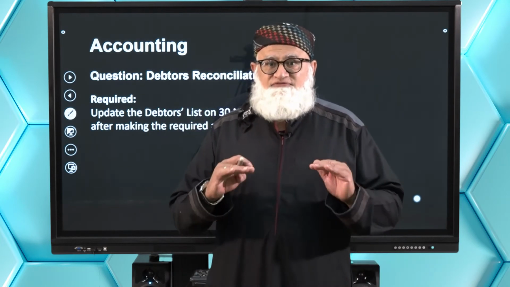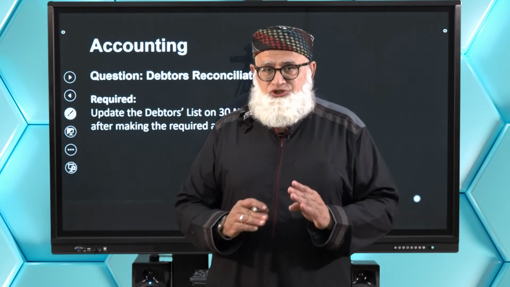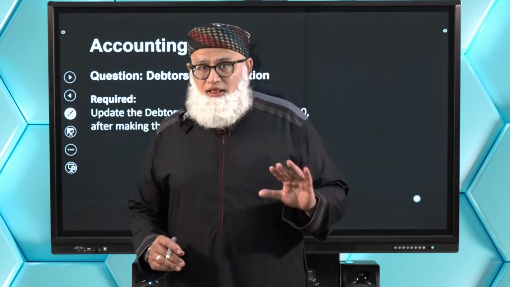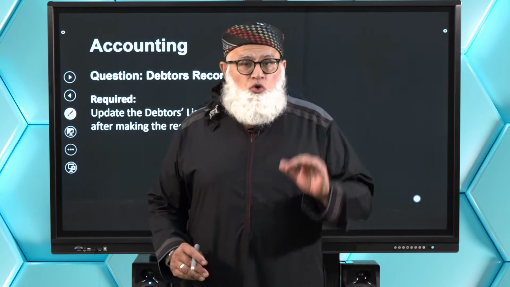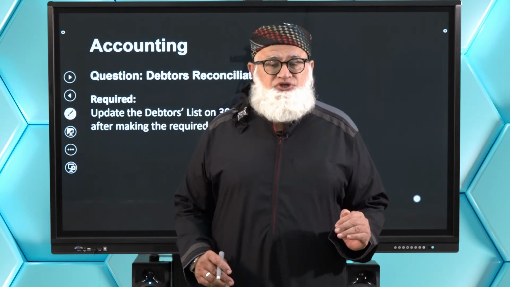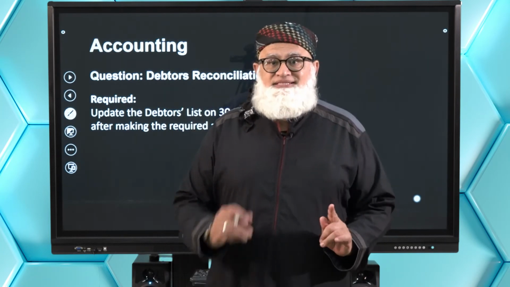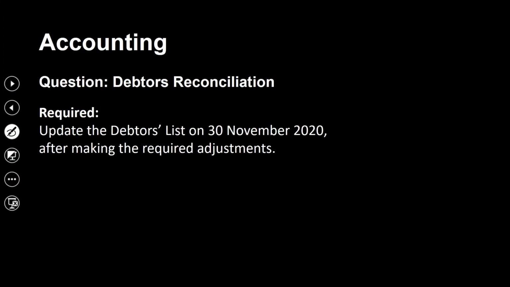Right, we're in flight, we're getting close to our destination. We've already completed the debtors control account with all the errors and omissions. We're now looking at the debtors list. Here goes. We're saying update the debtors list on the 30th of November after making the required adjustments.